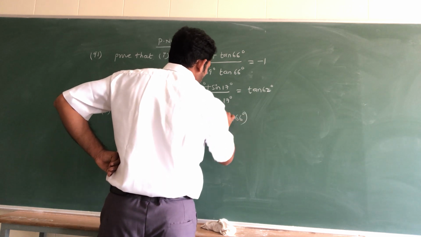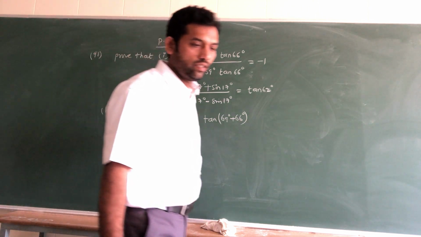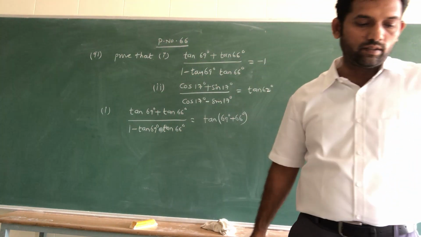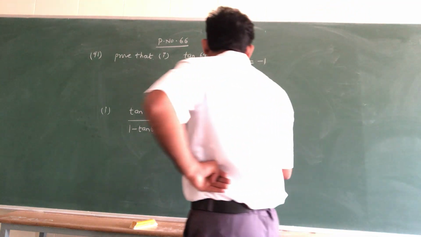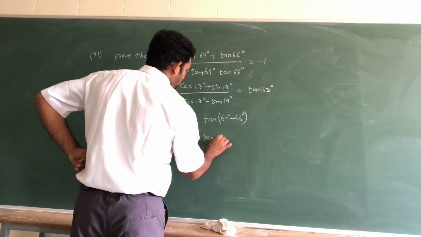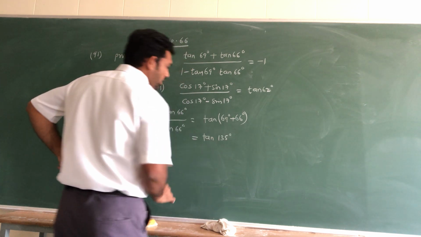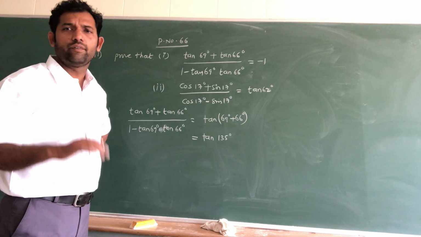So that whole summation is what? 69 plus 66 means it is nothing but tan 135 degrees. So tan 135 we don't have value.